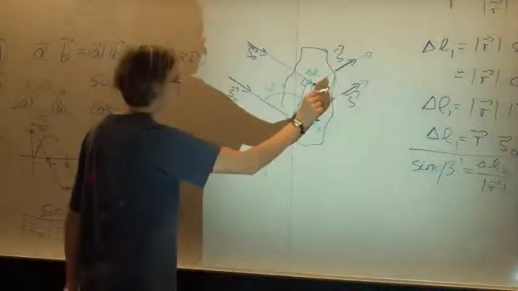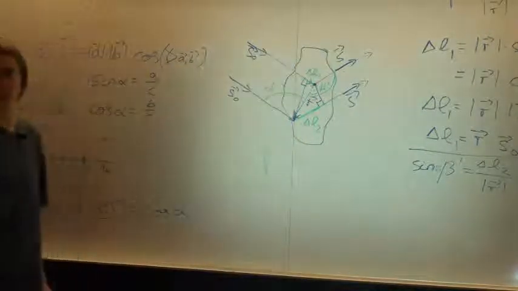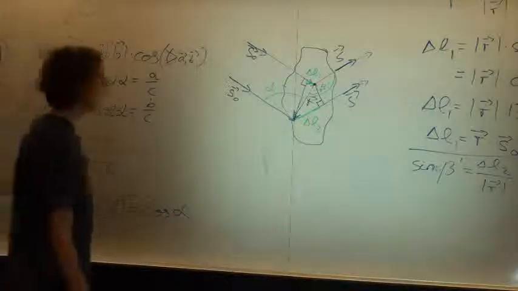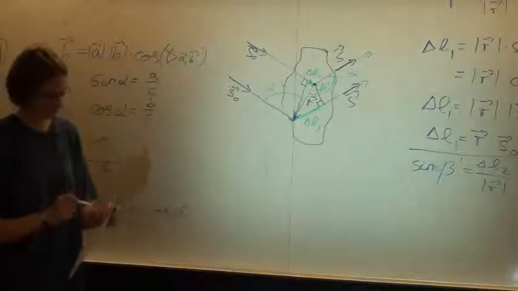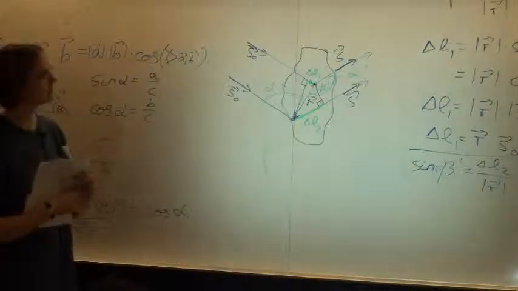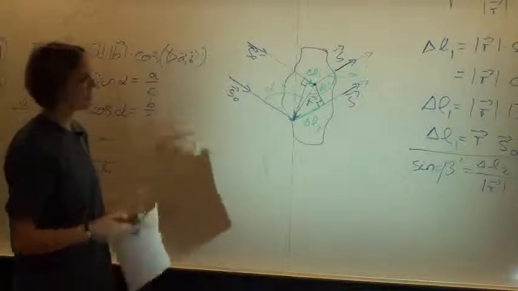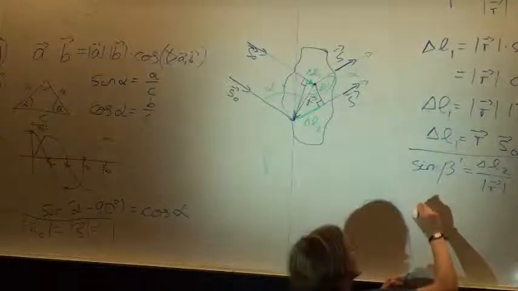Well, here's the angle between R and S, right? Let's call it alpha prime because we called the last one alpha. And so if we move it around, we would have delta L2 is equal to R times sine beta prime.